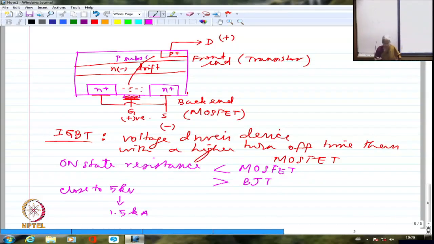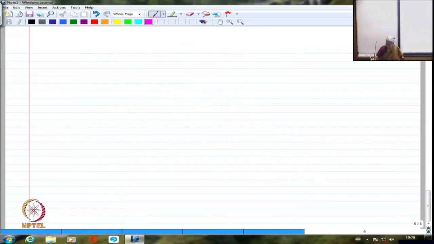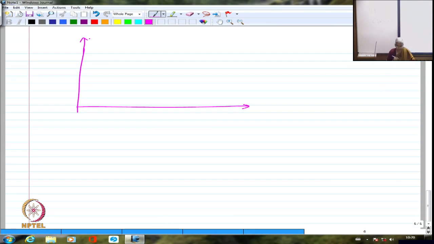So, if we look at now the spectrum of devices, and what is the kind of applications each of them have. So let me write the power on this side and let me write the frequency of operation on this side. So maybe I can say this is megahertz.